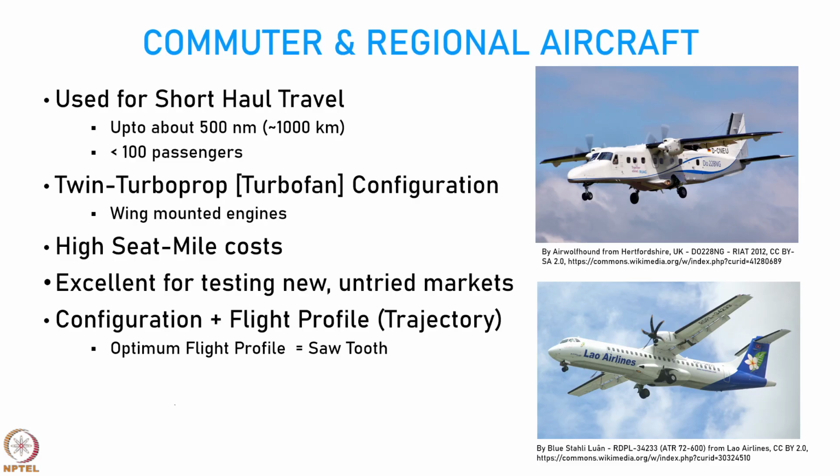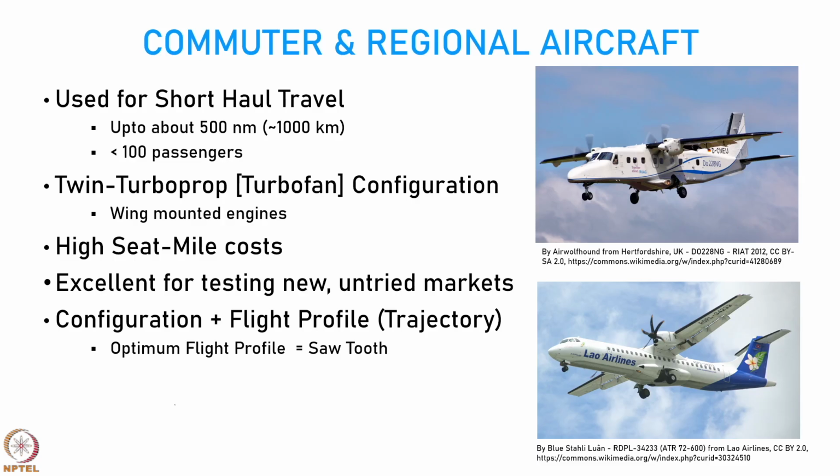You take off and climb to a comfortable cruising altitude of approximately 35,000 feet, 10-11 kilometers. Then you continue to fly level for a very long distance, till the amount of fuel that you have consumed makes it more economical to raise your altitude. Then you again fly like that for a long time, till you reach a stage when you have much lower fuel, so a higher altitude is better, and then you ultimately come down and land.